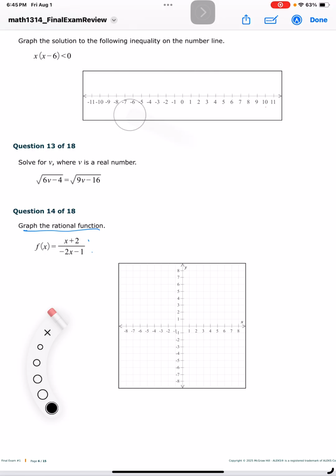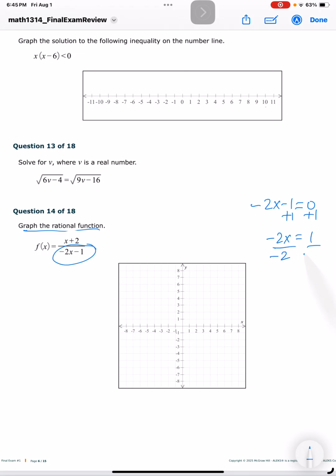I definitely want you first to start by setting your denominator, or what we call our domain restriction, equal to 0 and solve. So that would be negative 2x minus 1 equals 0. So plus 1, negative 2x equals positive 1, divided by negative 2, and we get x equals negative 1/2. What does this really mean?